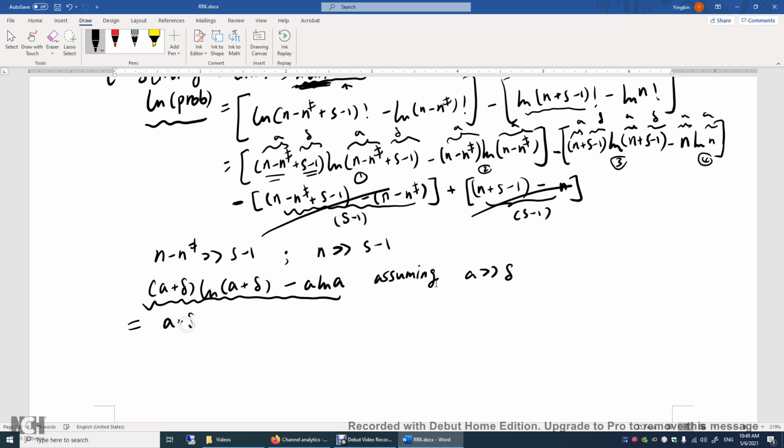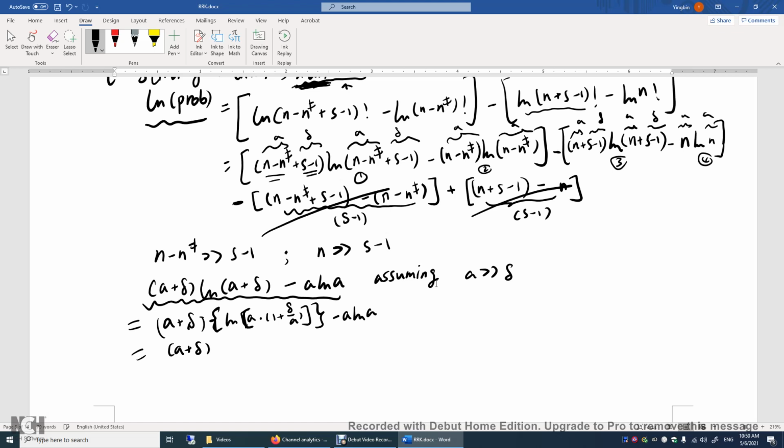We're going to make approximation using this Taylor expansion of logarithm, all right? So it's going to be this. A plus delta is going to be actually A times 1 plus delta over A, right? I mean, this is just simple algebra. It's just maybe I need to use a curly bracket now.